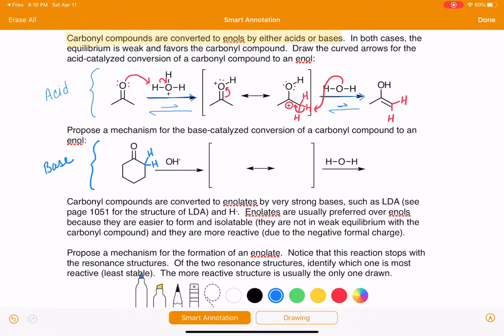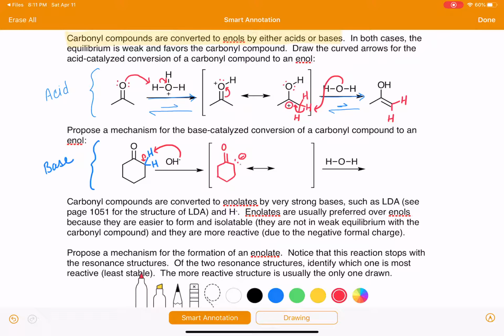Another option for the hydroxide is to attack one of the alpha hydrogens, which would cause the carbon-hydrogen bonding electrons to move down onto that carbon atom, putting a full negative charge on that carbon atom.